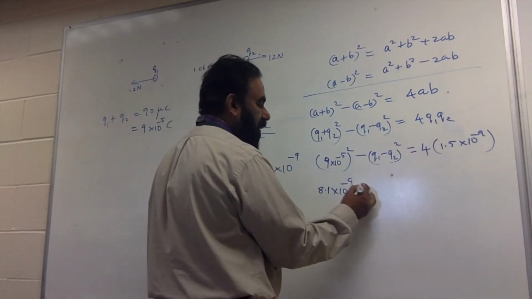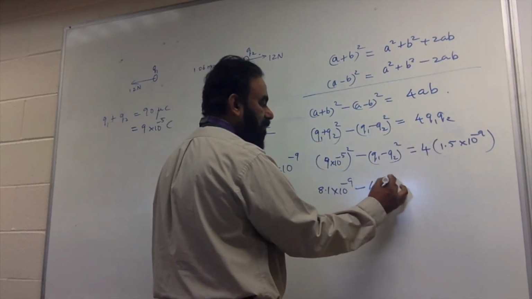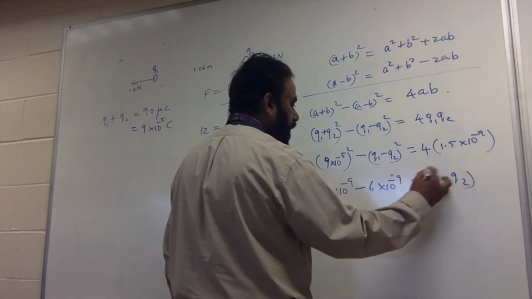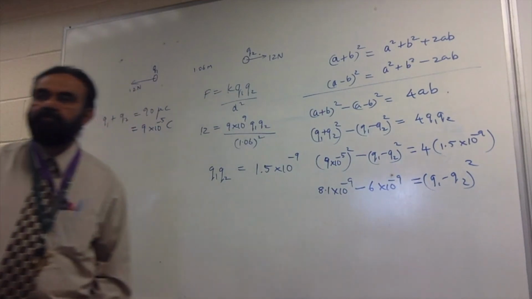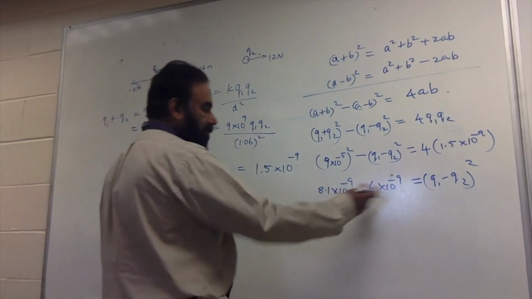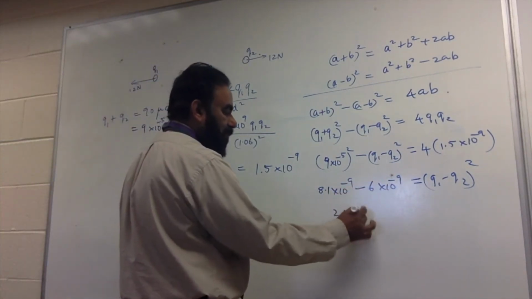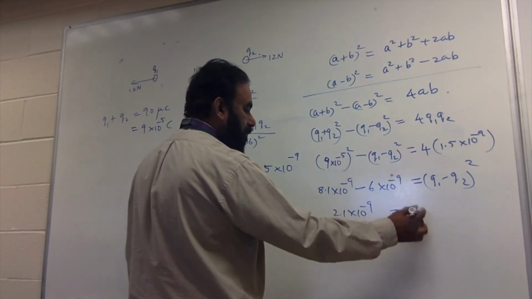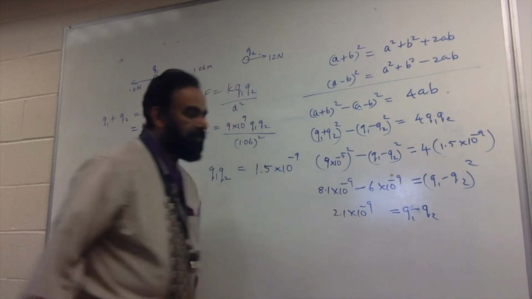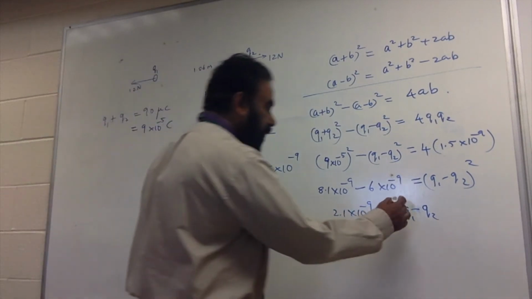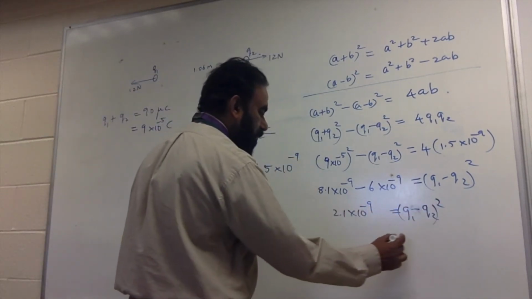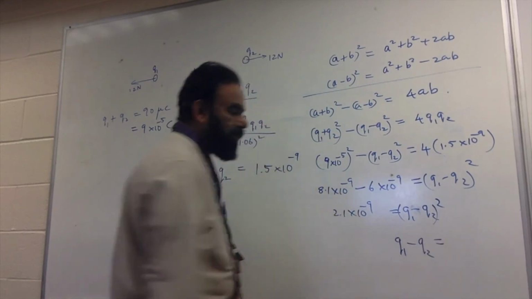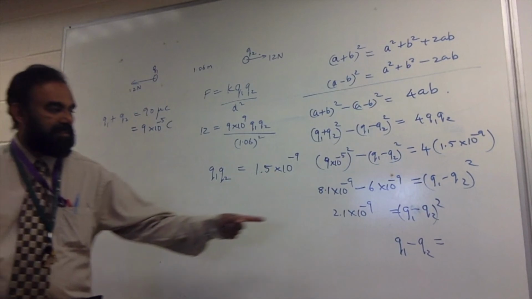And if I bring this side, it will be 6 times 10 power negative 9 is equal to Q1 minus Q2 squared. Now you can subtract these two. So it is 2.1 times 10 power negative 9 is equal to Q1 minus Q2 squared. So what is Q1 minus Q2? Just take the square root of this.